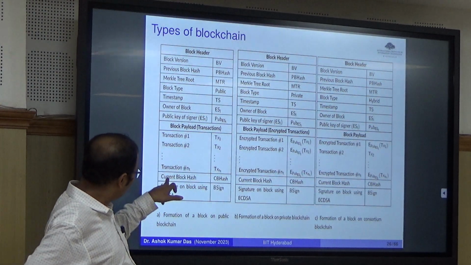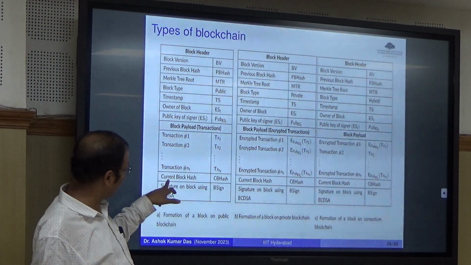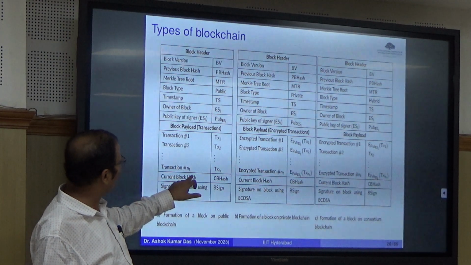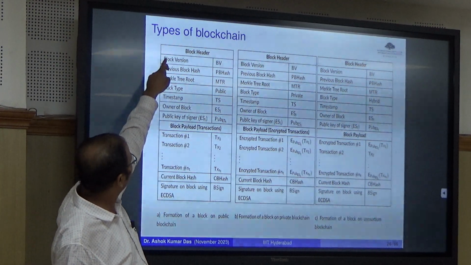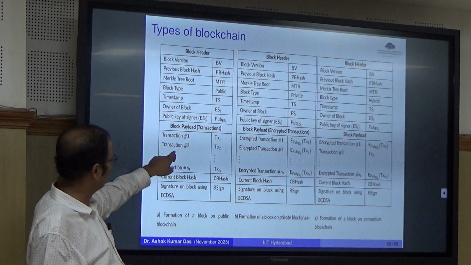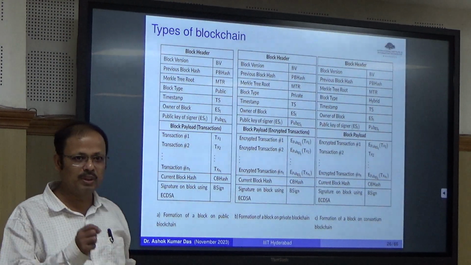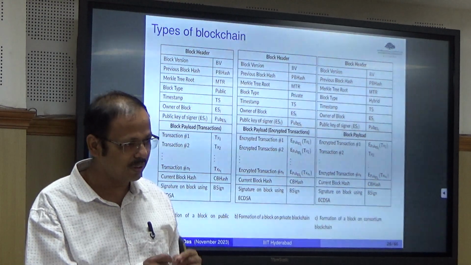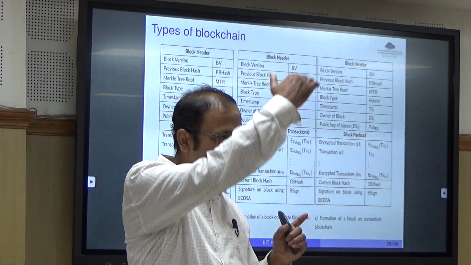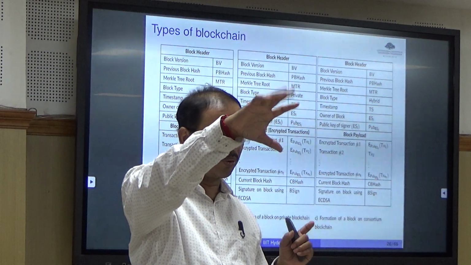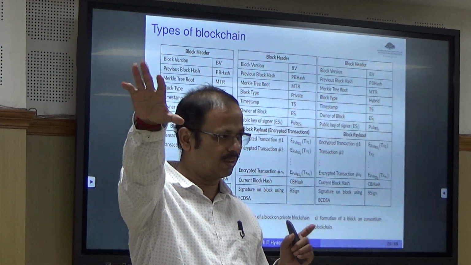After that, we have the current block hash. What will we do there? We hash the block header as well as all the transactions. For example, we will use the SHA-256 hash algorithm on the block header, all the fields concatenated with all the transactions.